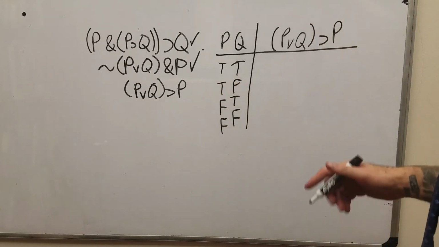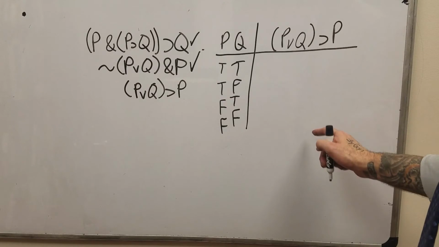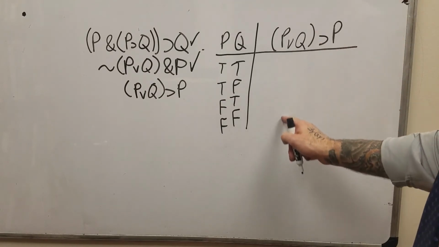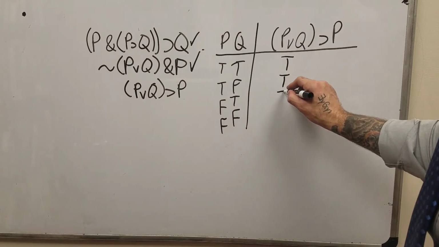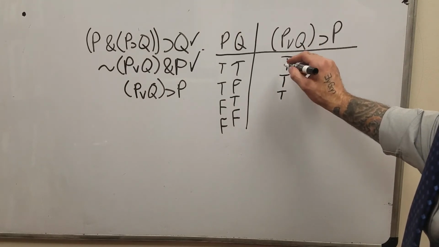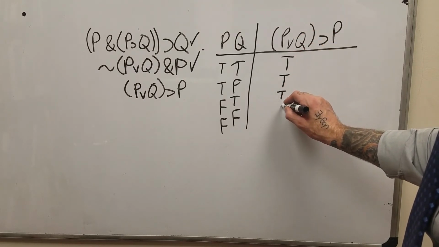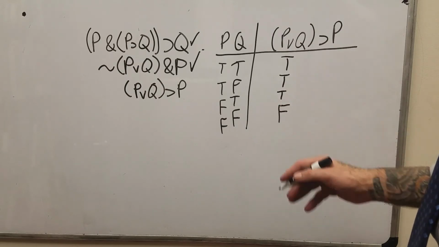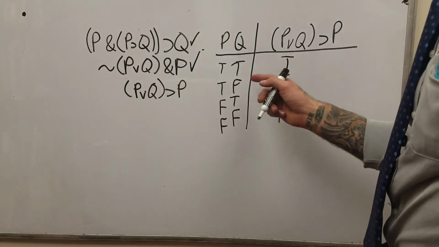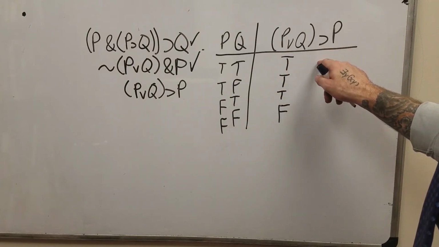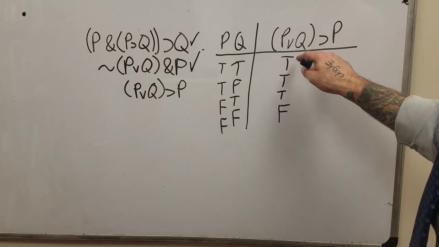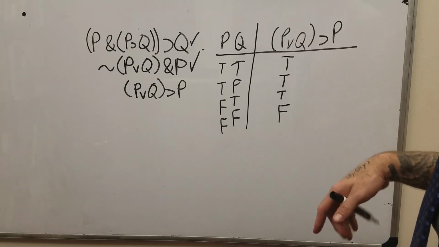Okay, so my main connective is this conditional here. I guess I'll start with the disjunction. Remember, it's true everywhere that one of the disjuncts is true, so it's true everywhere except for where both disjuncts are false. And now the conditional, it's true everywhere except for where we have a true antecedent and a false consequent.